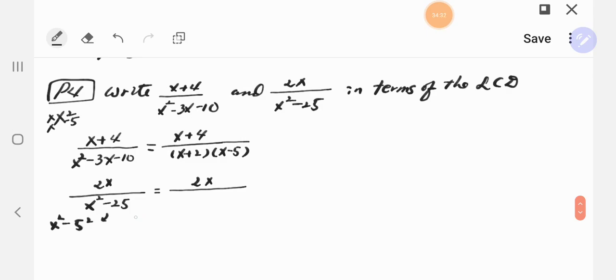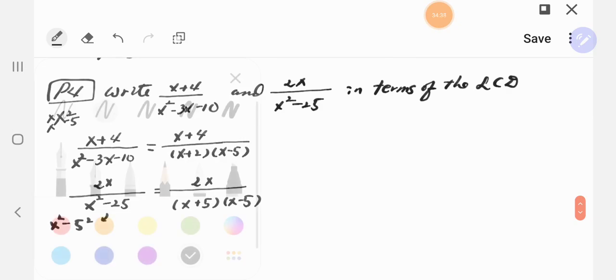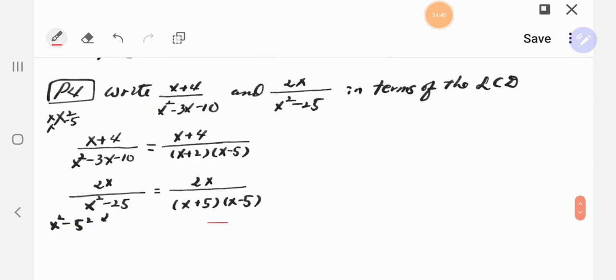So that is equal to x plus 5 times x minus 5. So from this, what is the LCD? The LCD is the product of all the factors that has the largest exponent. So it will be x plus 2, I have x minus 5 and x plus 5. So that is the LCD.